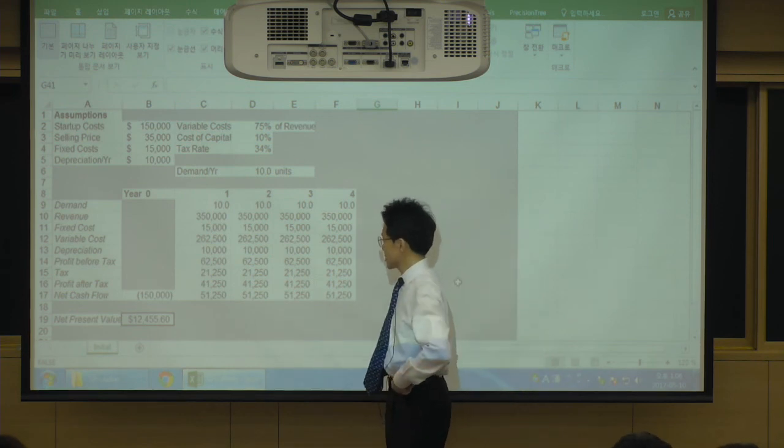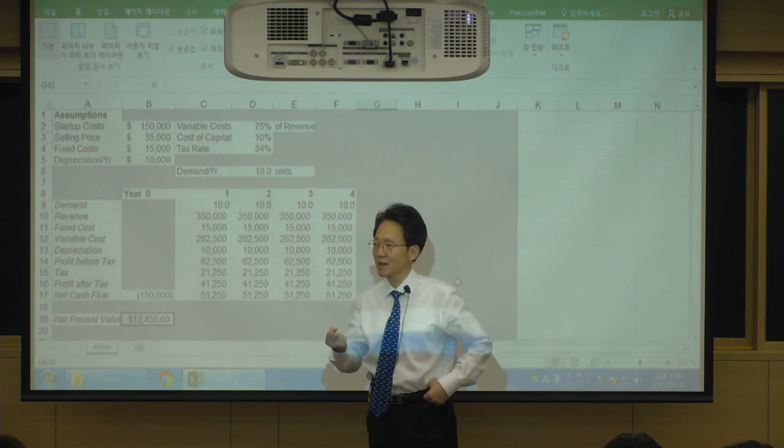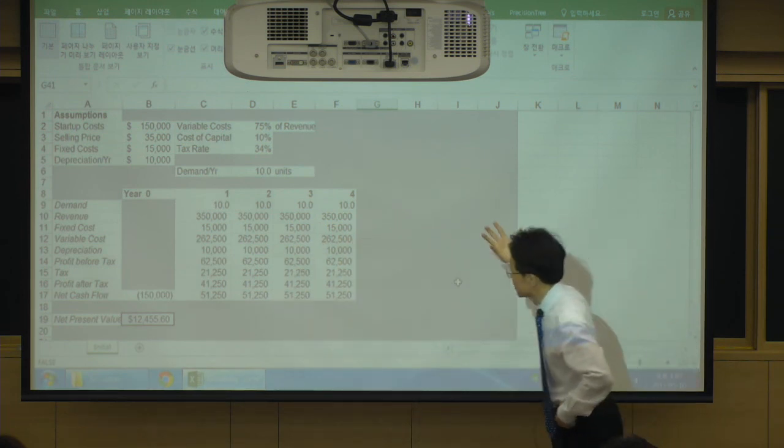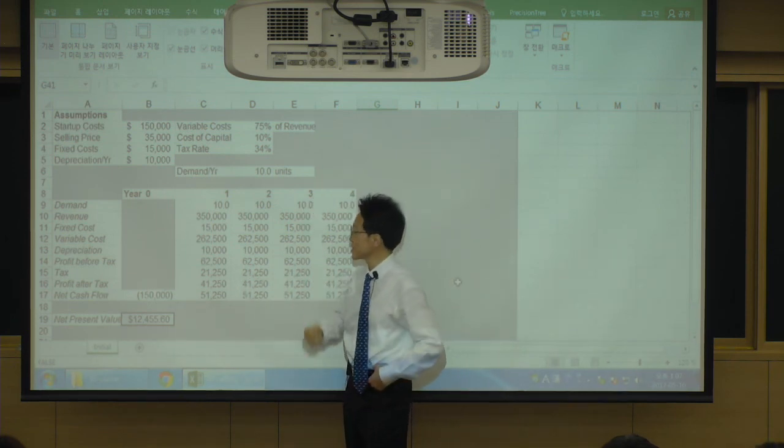Cash flow is just cash. What is cash? Cash is just hard money. It's not some book value; cash is actual money in your hand.